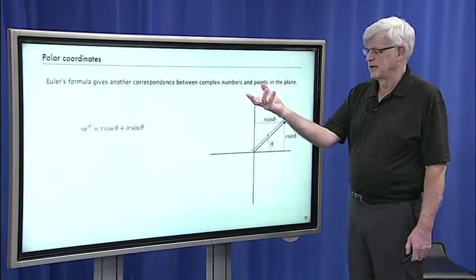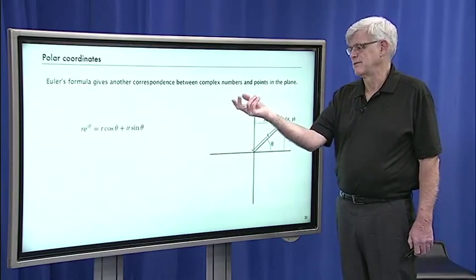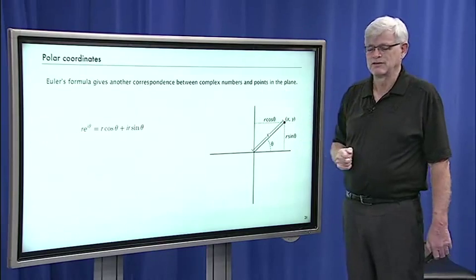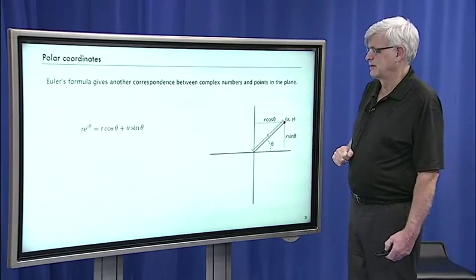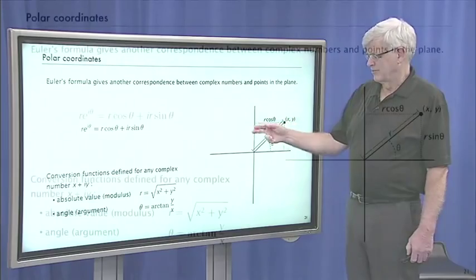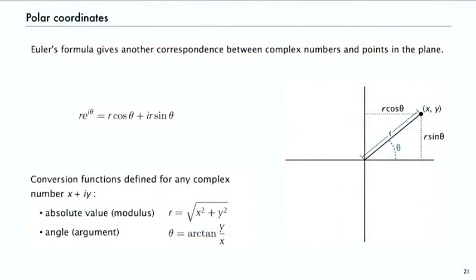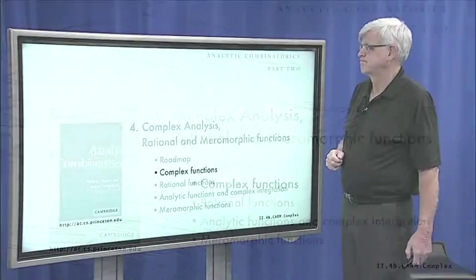Sometimes it's more convenient to use that form of the complex number, and we definitely often do so. So for any complex number, we can convert between the polar coordinates and the Cartesian coordinates the same way as we do for points in the plane.